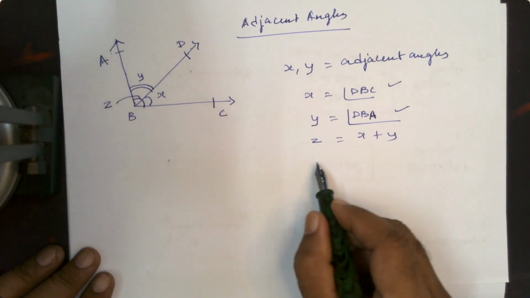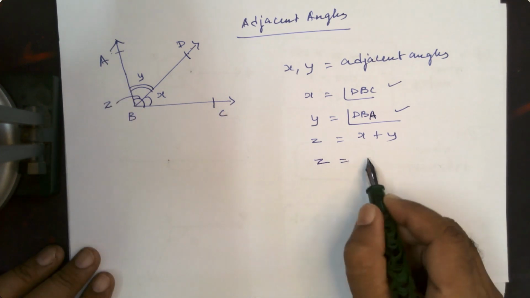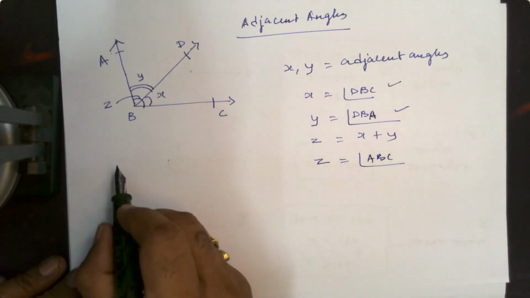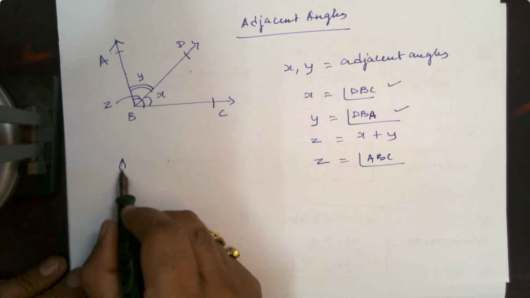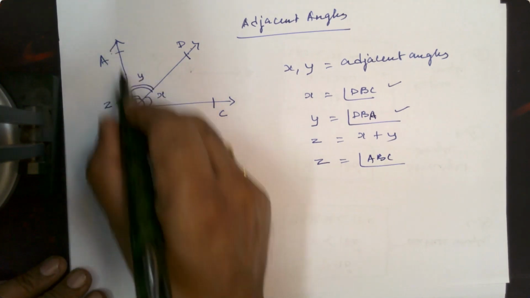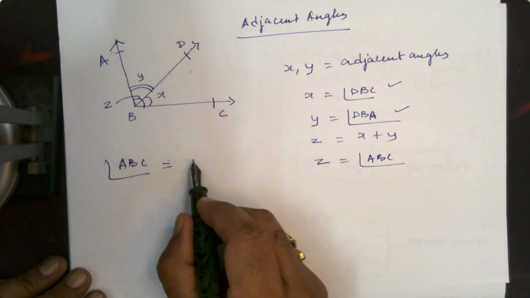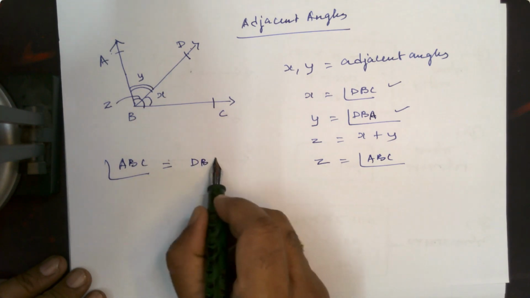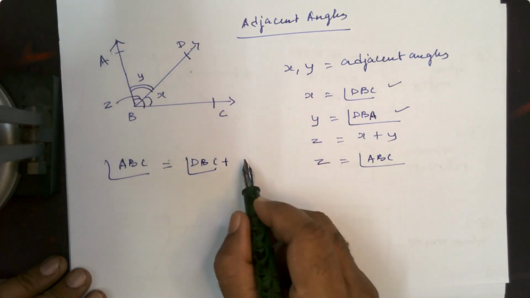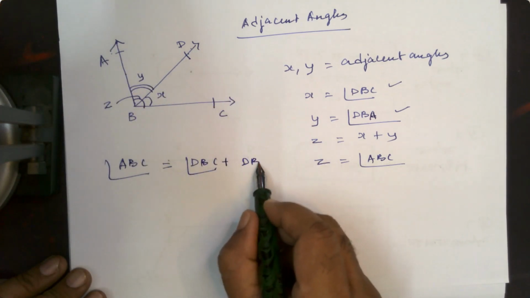So what is Z? Angle ABC. Now you can add, that is angle ABC is equal to angle DBC, that is X, plus angle ABD or DBA. Okay?